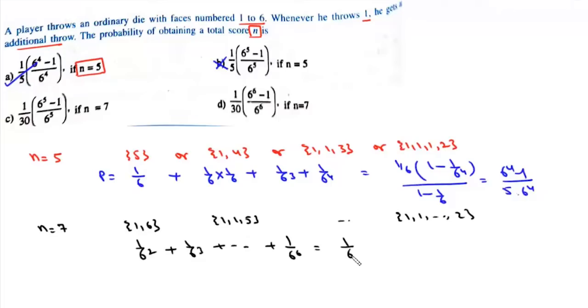Now this is 1 upon 6 square, 1 minus 1 upon 6 to the power 5, upon 1 minus 1 upon 6. Now this is 6 to the power 5 minus 1, and this is 5 into 6, 30, upon 6 to the power 5. That means this option C is also correct. So the correct options are A and C.